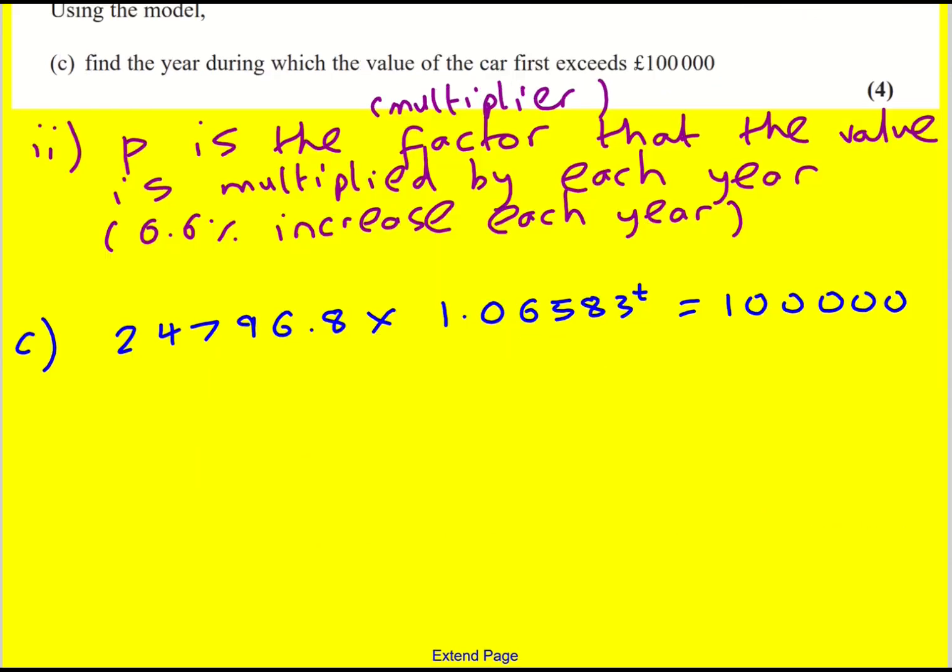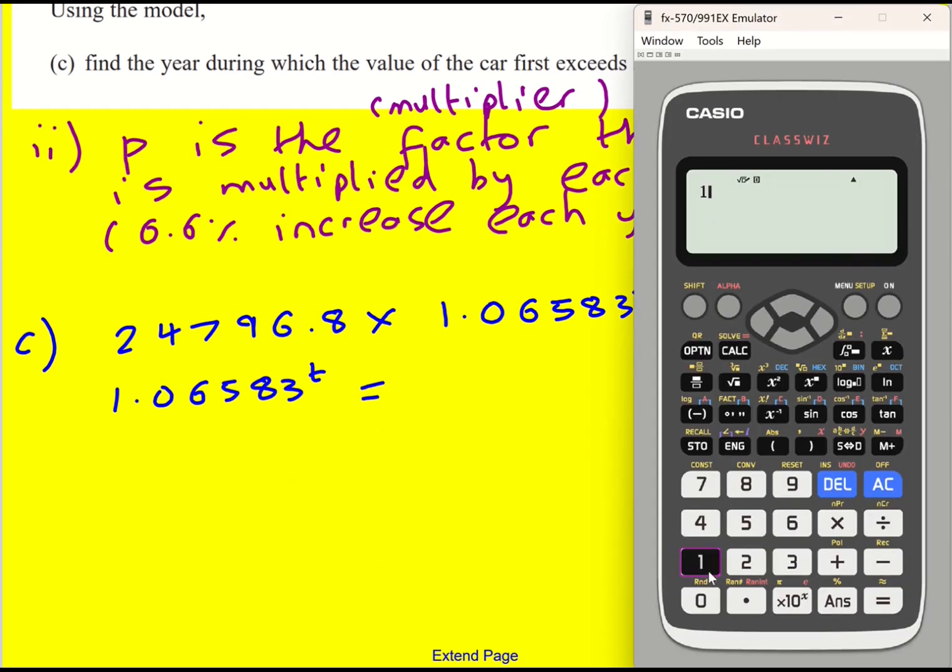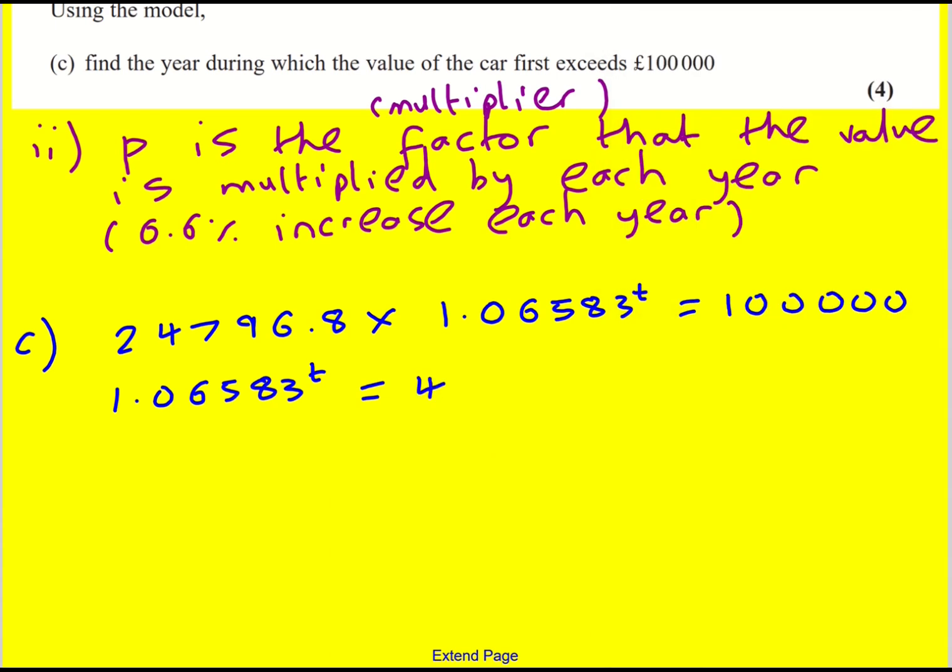And then whatever time we get, it's going to be a little bit after that. So we're going to need to take logs in a second. I'm going to divide through by that 24,800. Gives me 4.03277.